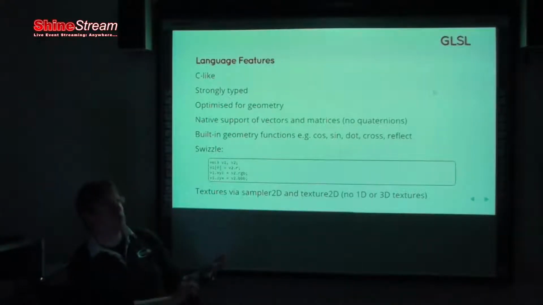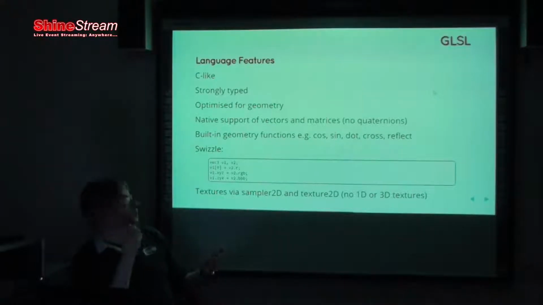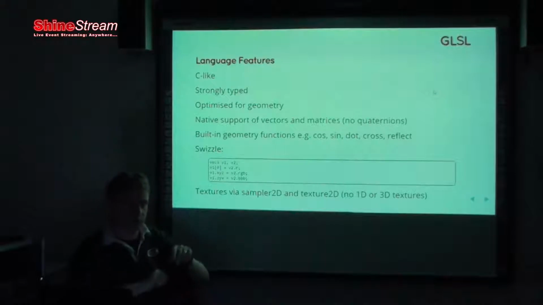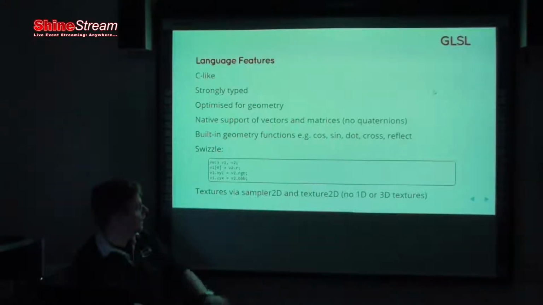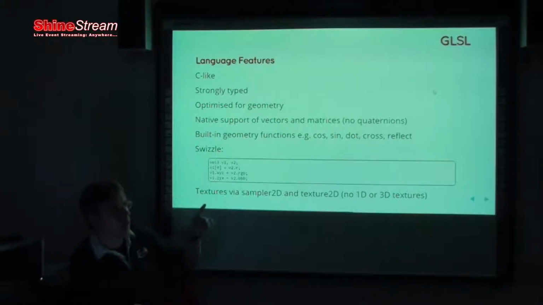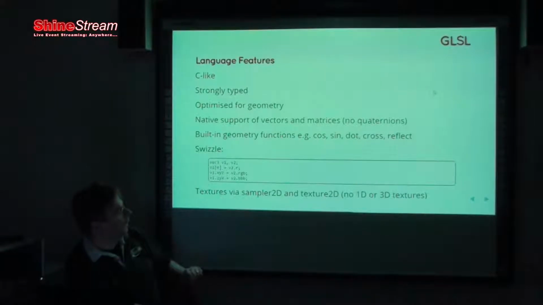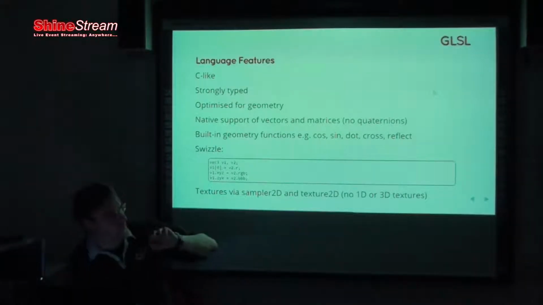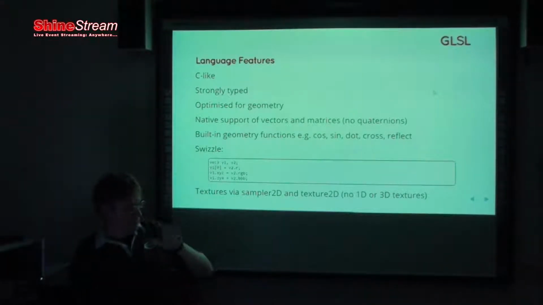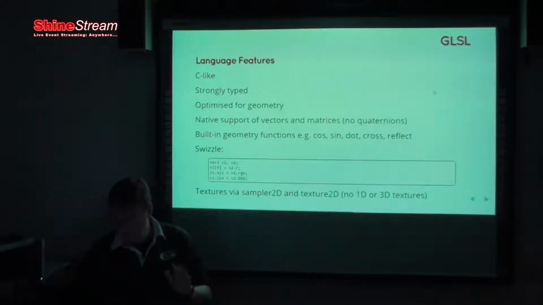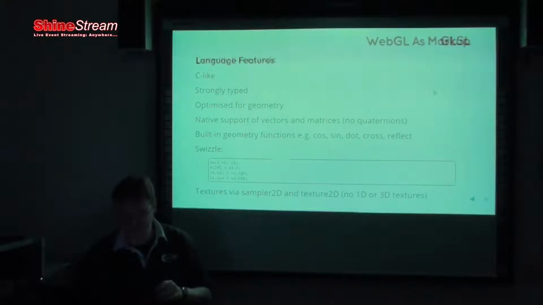You can also do it with textures, which I think is S, T, P, and Q, I can't remember exactly. So you've also got the texture coordinate system as well. One of the things about WebGL is it only supports 2D textures, not 1D or 3D textures, unfortunately. That might not mean a lot to you, but if you do volumetric rendering, it's nice to have 3D textures. But again, that's a bit specialist niche, I think.